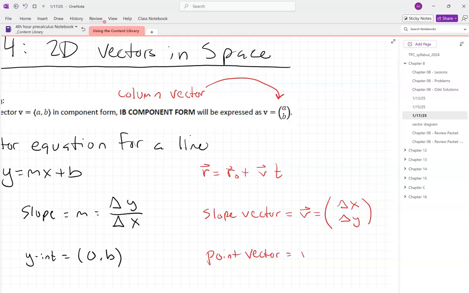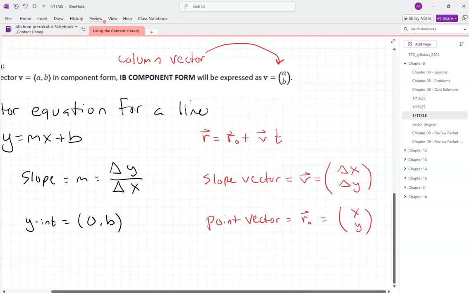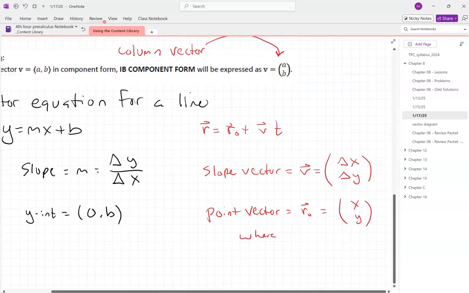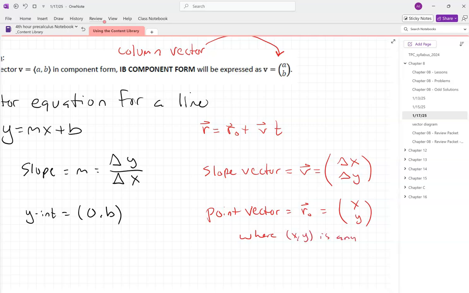So the r naught is what we call a point vector. So that's just going to be some x, y, where that x, y corresponds to any point on our line.